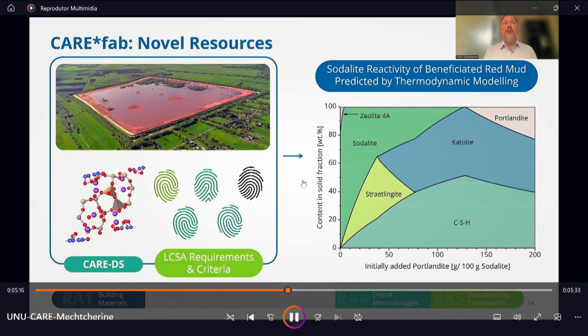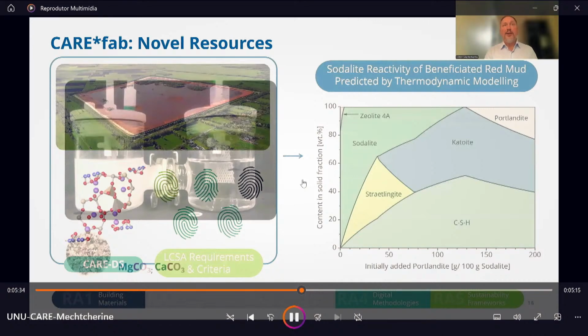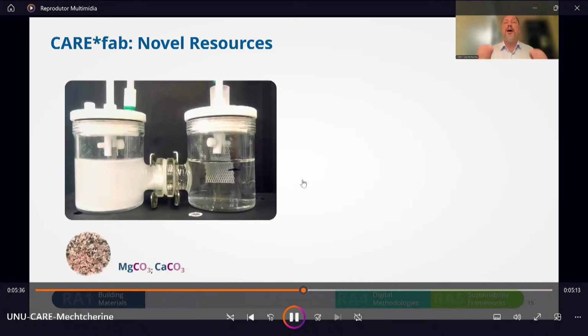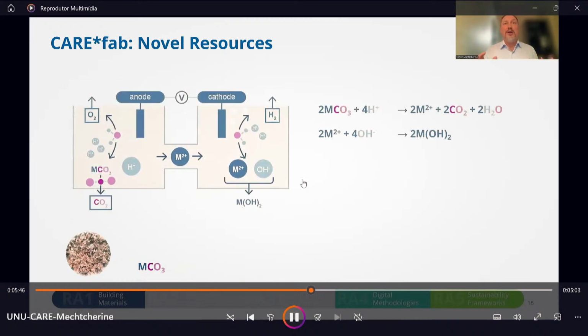Thermodynamic modeling will predict physicochemical changes in phase content as a function of composition. Here's an example. Sodalite is a significant component of red mud. It has a potential application in forming cementitious phases. Beyond the recycling of secondary materials, CARE will pioneer the development of CO2 neutral and even CO2 negative cements. Yes, it's feasible. We have developed an electrochemical cell that couples formation of mineral binders with water electrolysis.